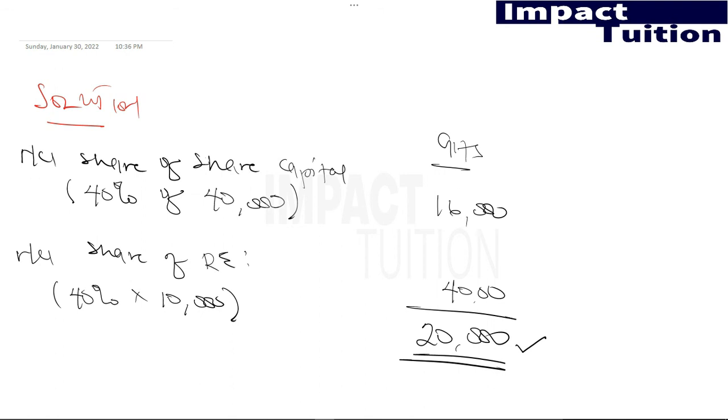It is that simple. So if the subsidiary had any other reserves, we would find the proportionate share of those reserves and include them in this calculation to give us the value of NCI. It's that straightforward. So this is all for NCI being valued as a proportionate share of the subsidiary's net assets.